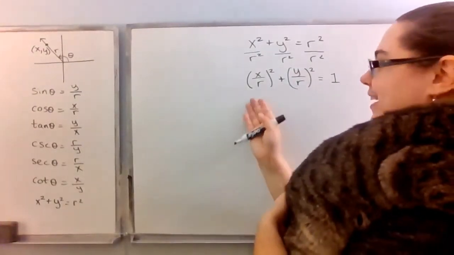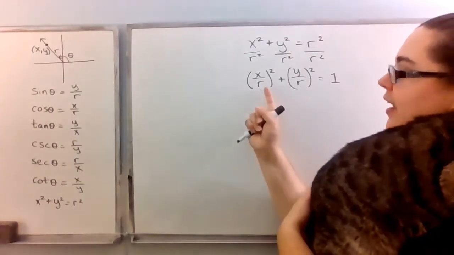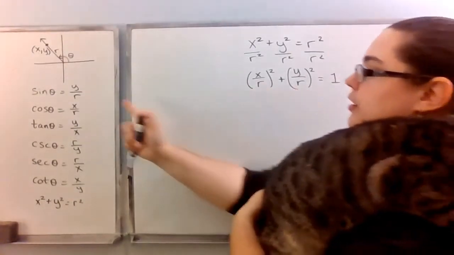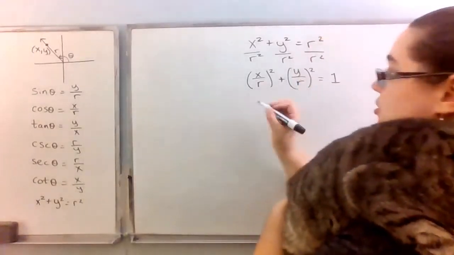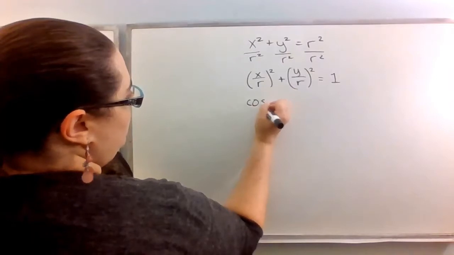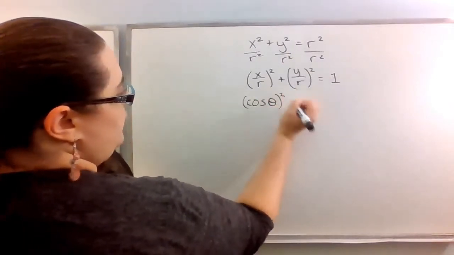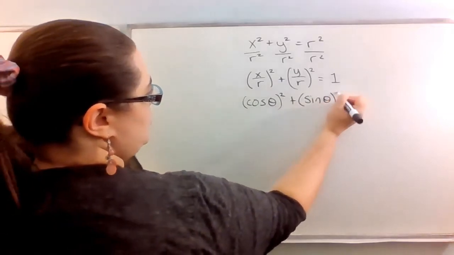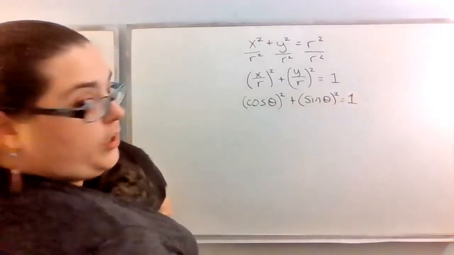All right, nice. So now we get this relationship here. We know that x over r is cosine and y over r is sine. So we can write that cosine of theta squared plus sine of theta squared will equal 1.